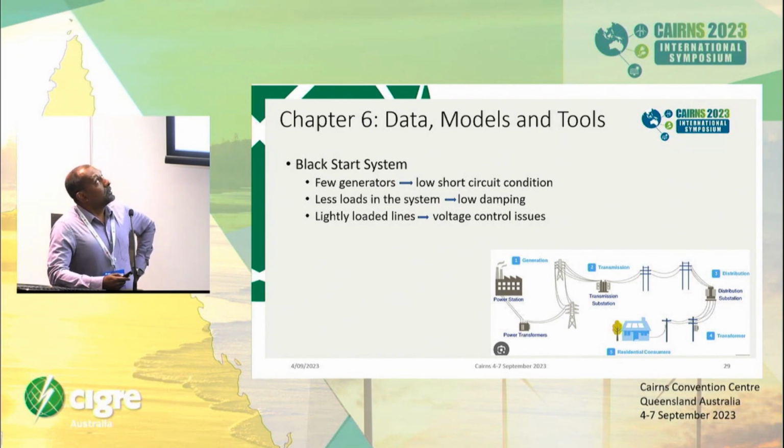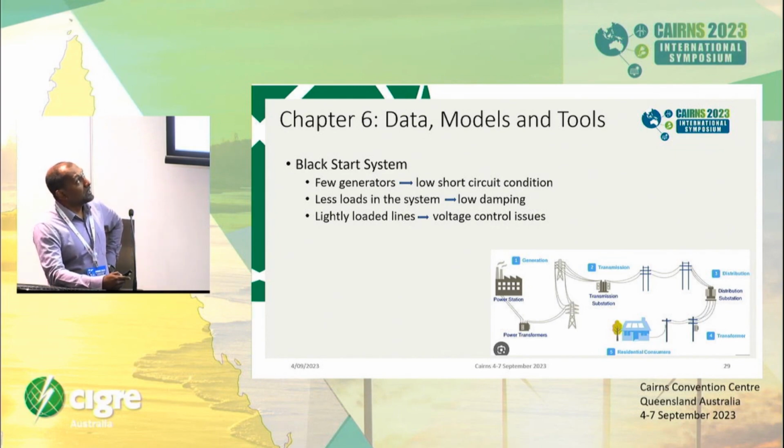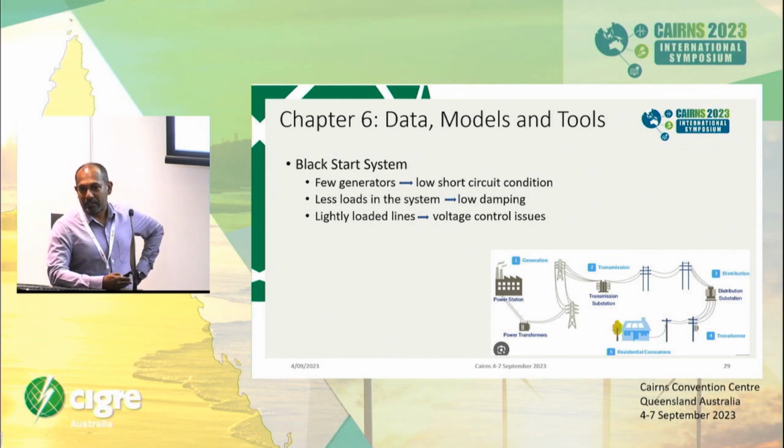And the lightly loaded lines will cause heavy voltage issues, line charging in other words. So these are the few things we have to understand before we do a study. This is the basic condition of the small black start model.